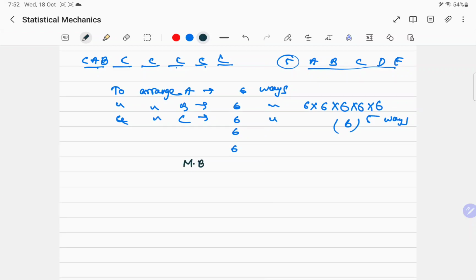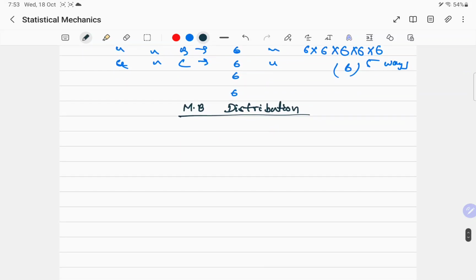So now let's start the Maxwell Boltzmann distribution. Okay, so what is our task? Let's first discuss what we have to do in this distribution. Let's assume that in a system I have a total of n particles, and among these n particles, n1 particles are of the same kind.